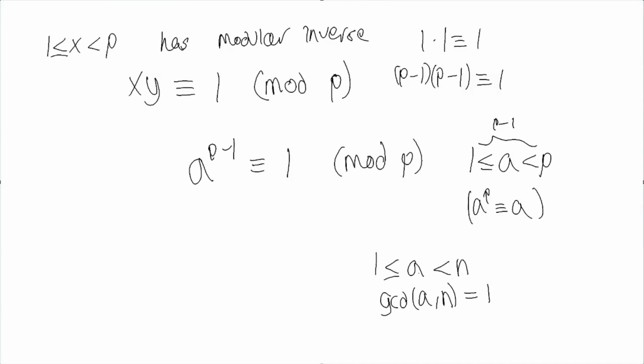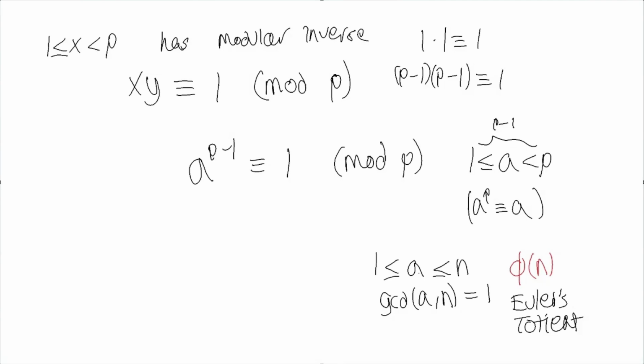Well, this function is so special that it has its own dedicated name. It's called the Euler-Totient function: the number of integers less than n which are relatively prime to n. This is Euler's totient function.